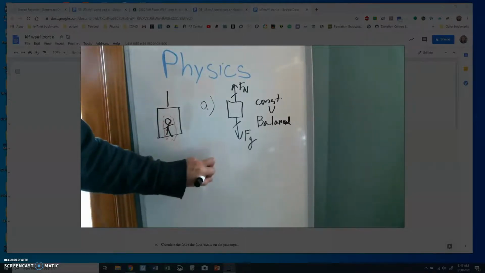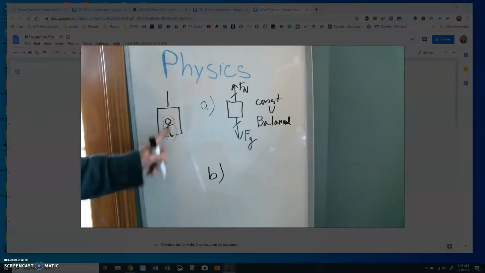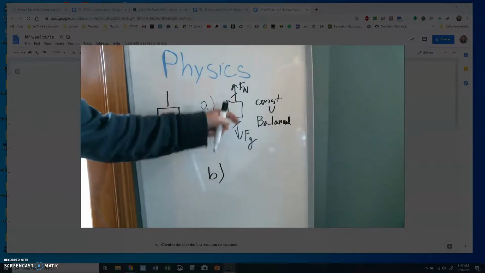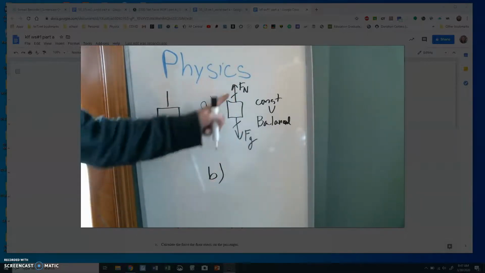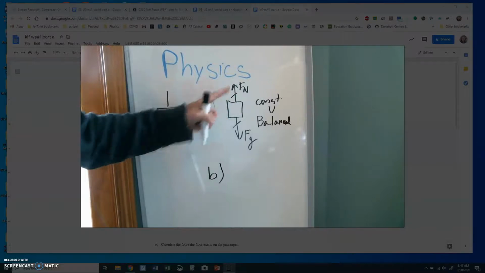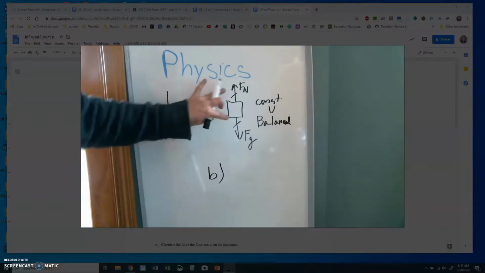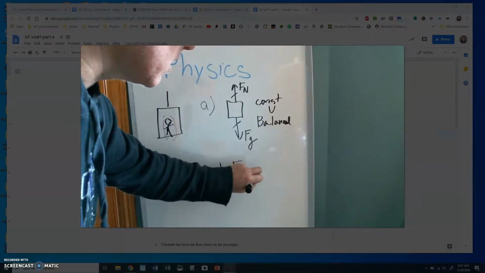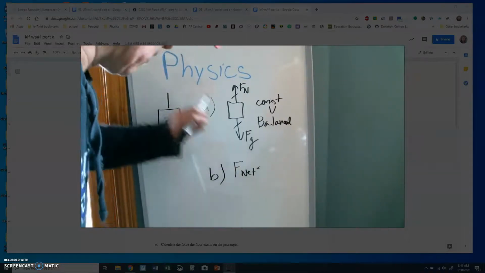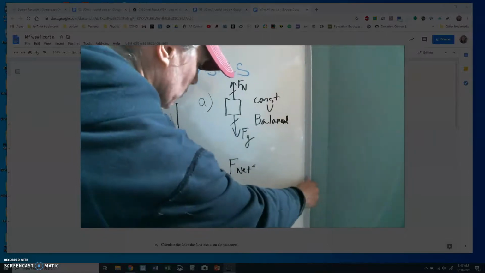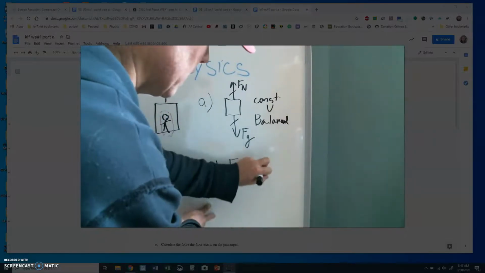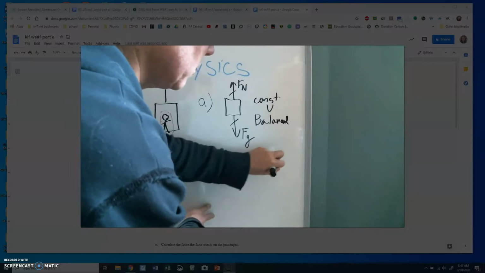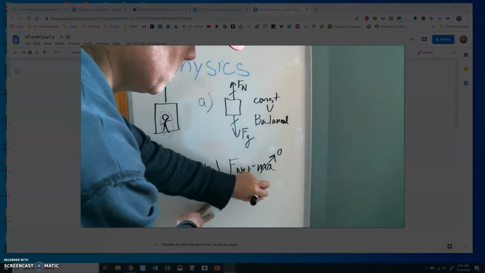Now part B talks about find the force acting on the person, right? Force of gravity, but from the floor, which is basically they're asking for the force normal. So I can put my force net, and this is the long way, right? Force net equals mass times acceleration, but we know acceleration is 0.